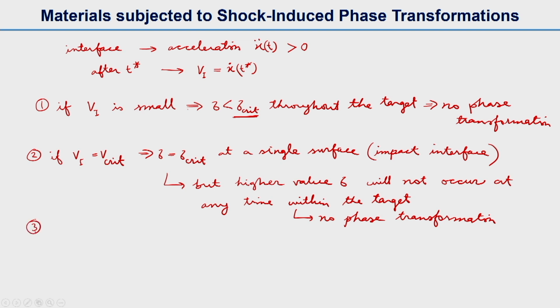And number 3 case is if Vi is even slightly higher than the critical value.